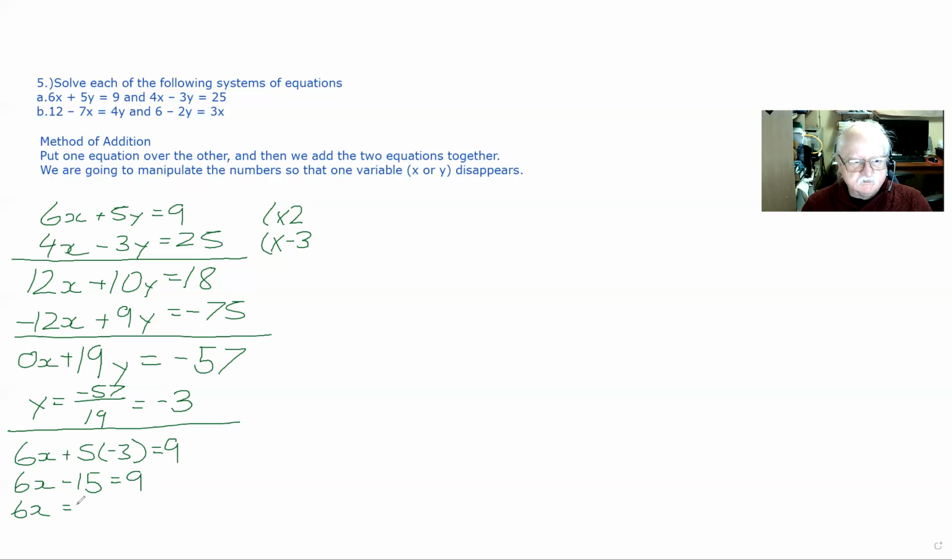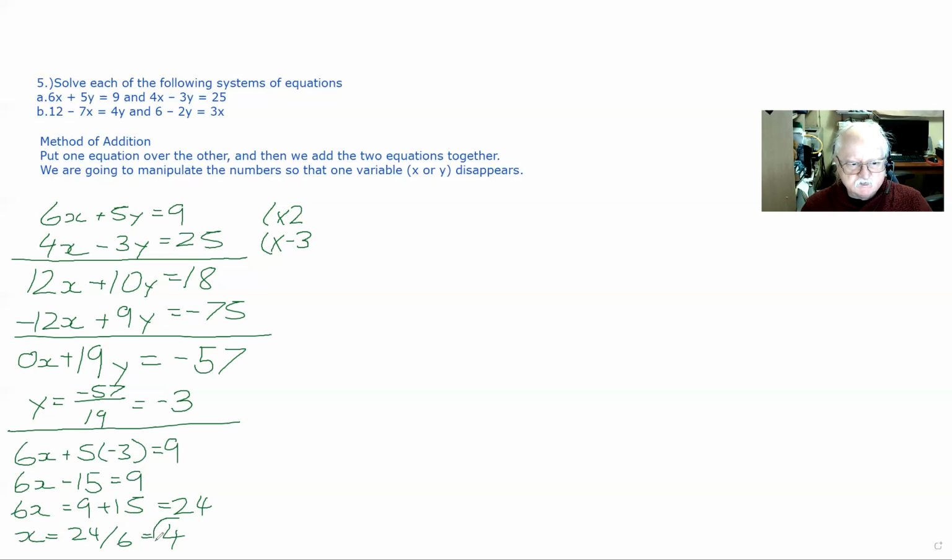So 6x equals 9 plus 15, which equals 24. So x equals 24 divided by 6, which is 4.